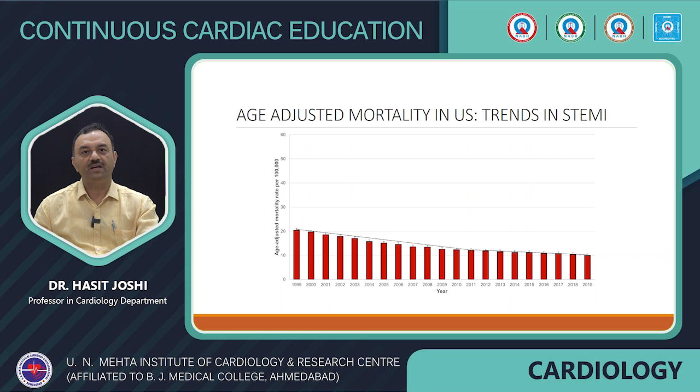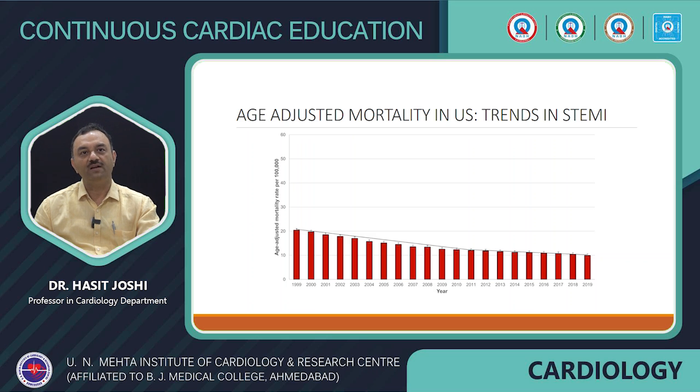Mortality and morbidity in acute MI has drastically improved over the last 50 years due to CCUs, aspirin, thrombolysis, newer antiplatelets, statins, and anti-failure drugs. However, the past decade has shown no very significant improvement in mortality trends in the US.